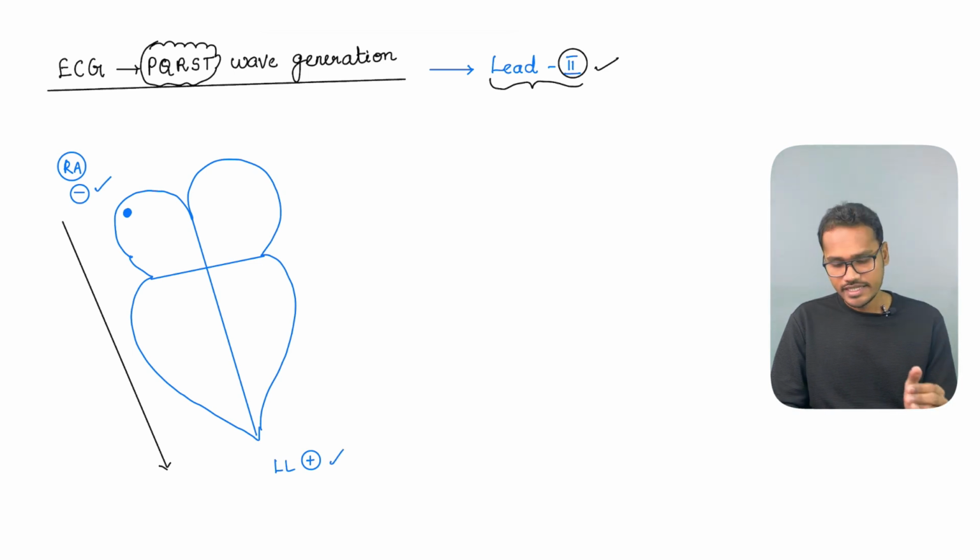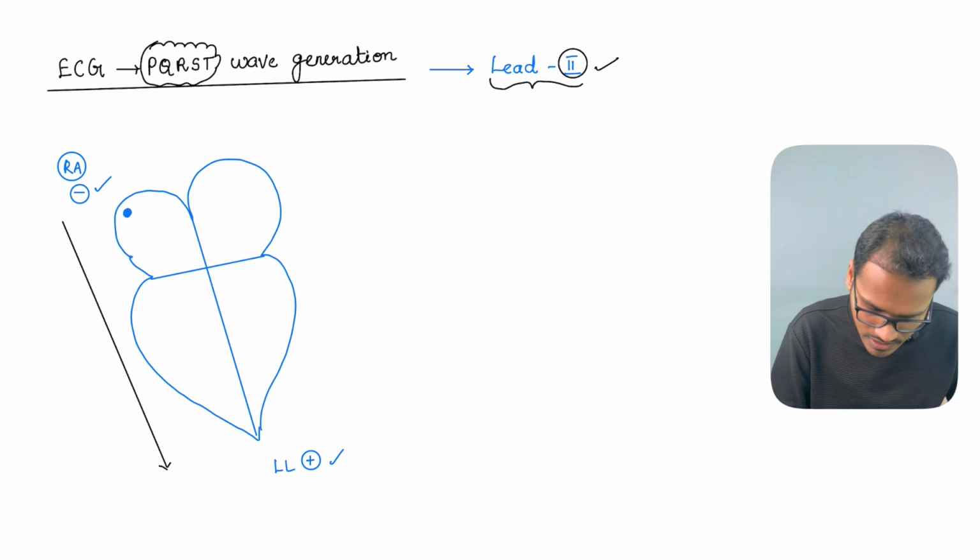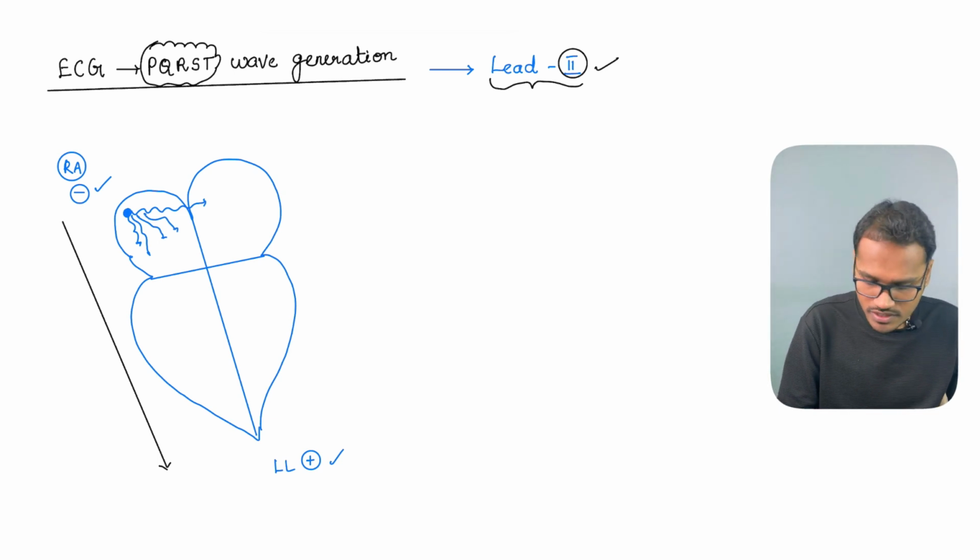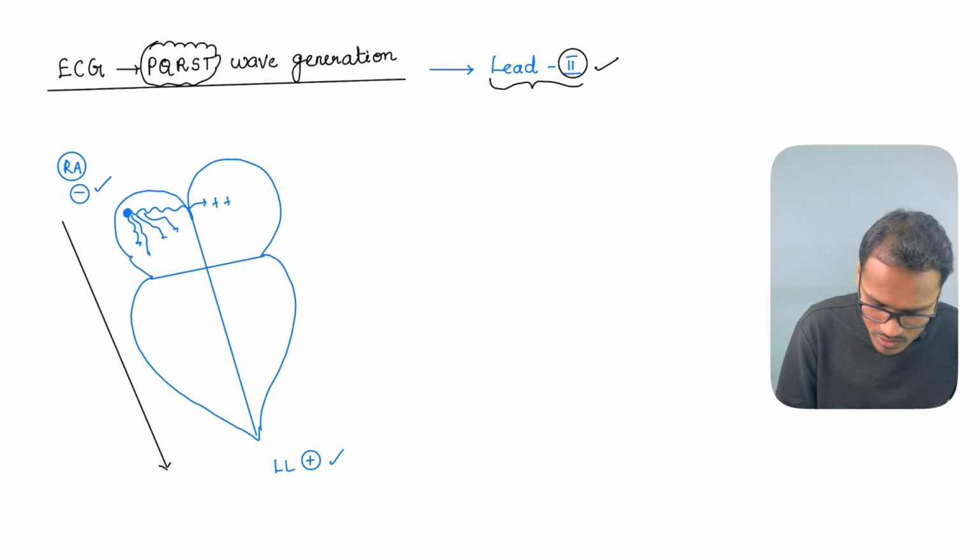So this is the lead attachment, and now we will try to understand what happens when the SA node starts to fire and the impulses spread, and how our recording will be. The SA node fires the impulse to both atria, the right atrium and the left atrium. Initially it was negative, now the charges are becoming positive.